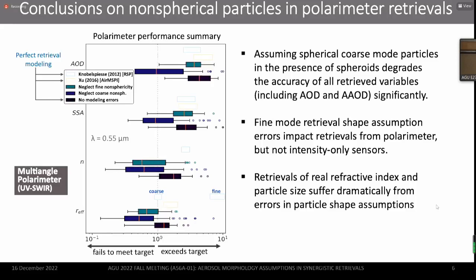But what we found a little more surprising was that even in the polarimeter retrievals, if you just assume spherical particles in your retrieval of the fine mode, but you still represent the coarse mode by the spheroids that were used in the forward simulation, you still lose some accuracy in your retrieval, especially in real refractive index and effective radius, those parameters that polarization really helped you with earlier.